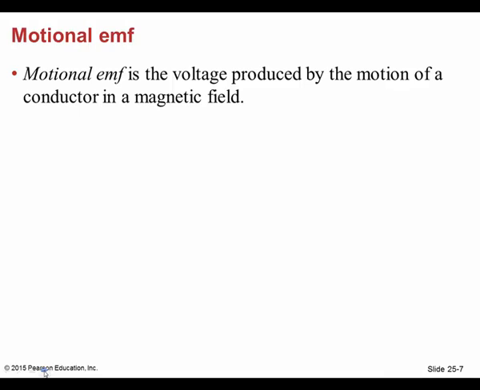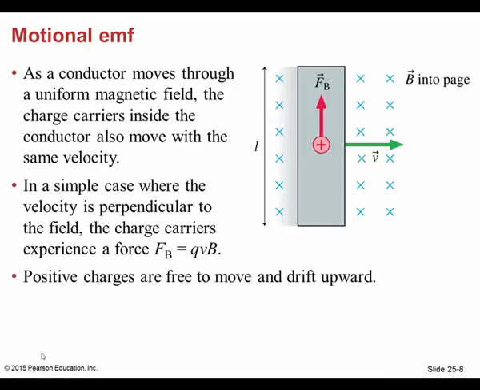So what is motional EMF? Well, it's what it says it is. It's voltage or current that is produced by moving a conductor through a uniform magnetic field. So we call this motional EMF.